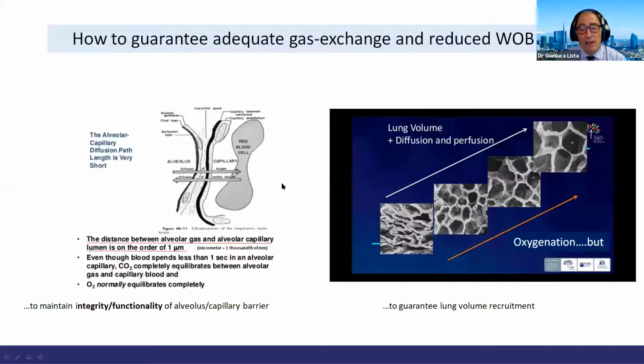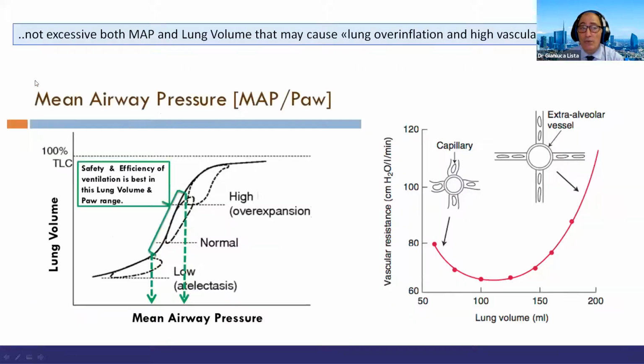In order to guarantee a normal gas exchange and to reduce the work of breathing, it's necessary to maintain the integrity and functionality of the barrier between the alveoli and the capillary. So we can try to guarantee a normal and adequate lung volume, but we have to take care to avoid excessive lung volume, because we can generate a lung overinflation.